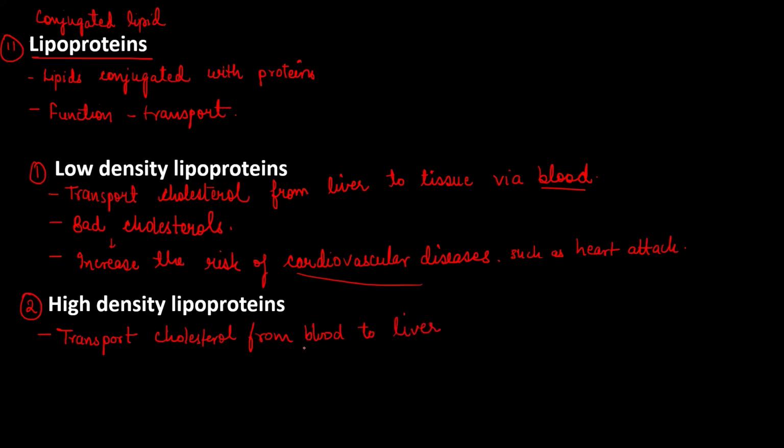And hence these are good cholesterols. Based on this, it is recommended to take high density lipoprotein in your diet, not the low density, because low density will increase the bad cholesterol in our body, and that will lead to various diseases. So this is about the conjugated lipid. In the conjugated lipid, we studied phospholipids, and then lipoproteins.